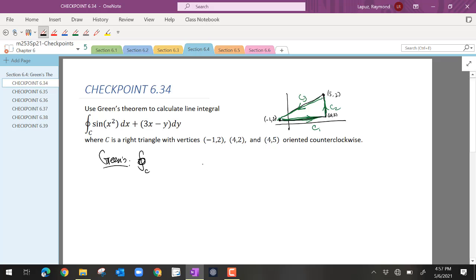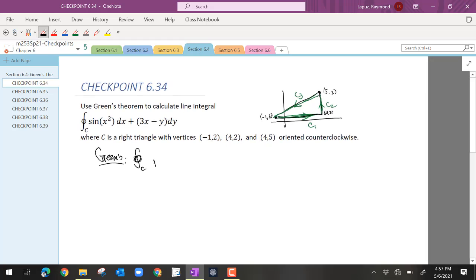Green's theorem says the line integral over a closed curve C of P dx plus Q dy will equal a double integral over D, and the relationship between C and D is that C, the closed curve, is the boundary of your domain D. And here we have the partial of Q with respect to x minus the partial of P with respect to y dA. So this is a double integral. dA would represent dx dy unless we switch coordinate systems.